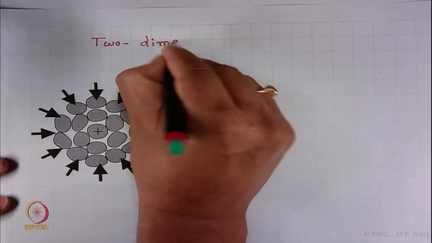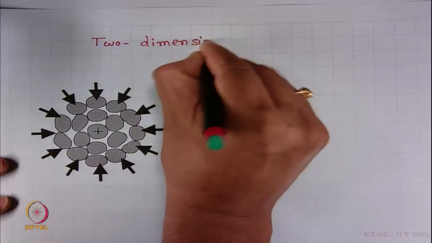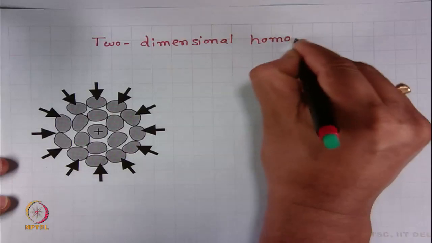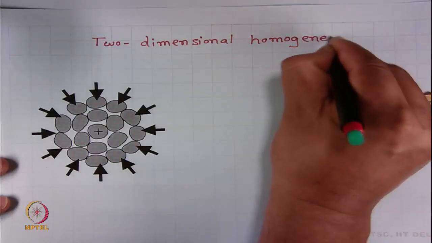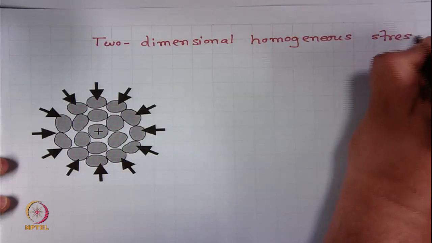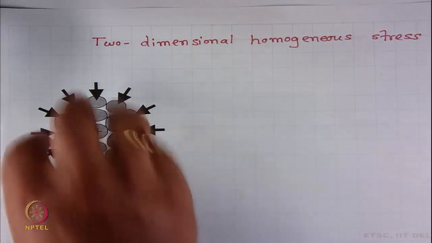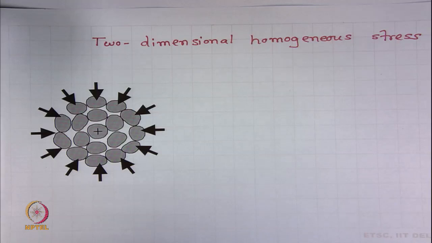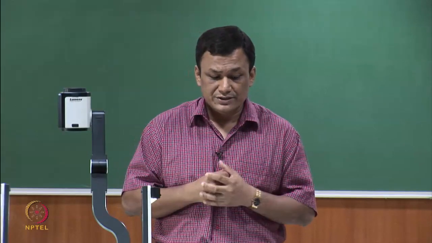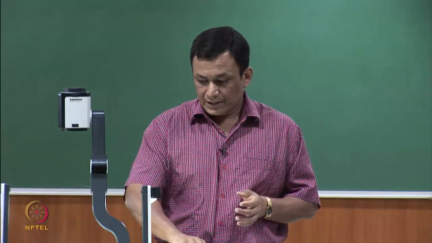Two-dimensional homogeneous stress. So, this is fibers in the cross section of yarn and the pressure is acting on all directions. So, it is homogeneous stress.